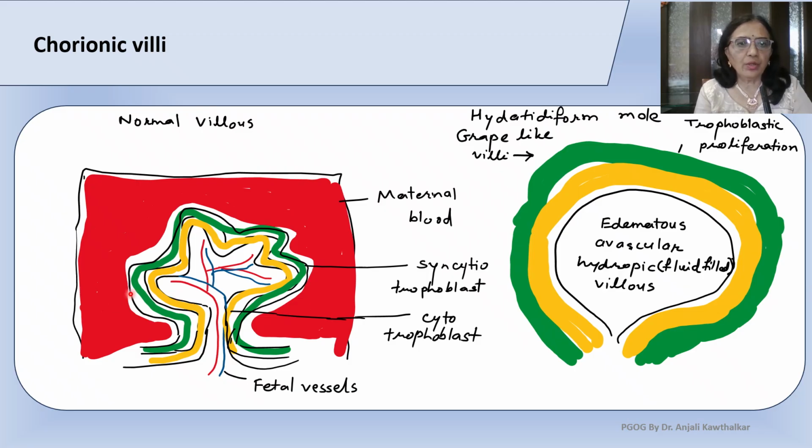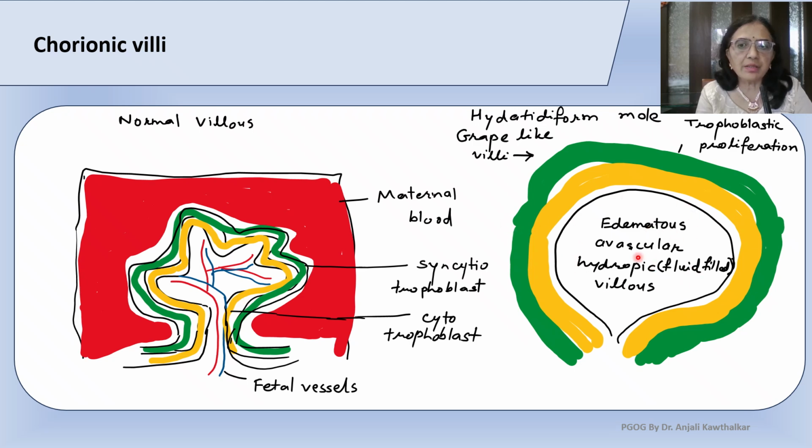This is a normal chorionic villus, as we have already seen the structure. What is happening in the hydatidiform mole is that there is an edematous, avascular, hydropic villus. Hydropic means fluid-filled, so it becomes edematous. There are no vessels; vessels are degenerated or absent, and this villus becomes round in shape because it is swollen with fluid inside.